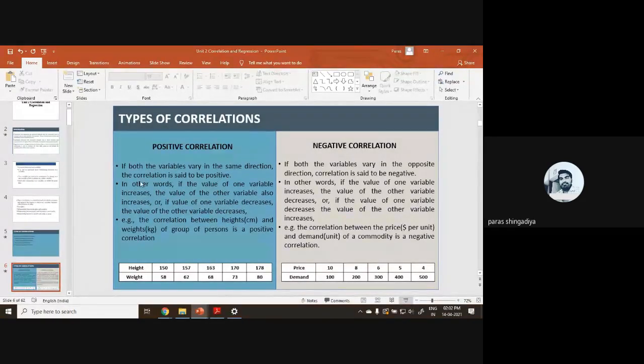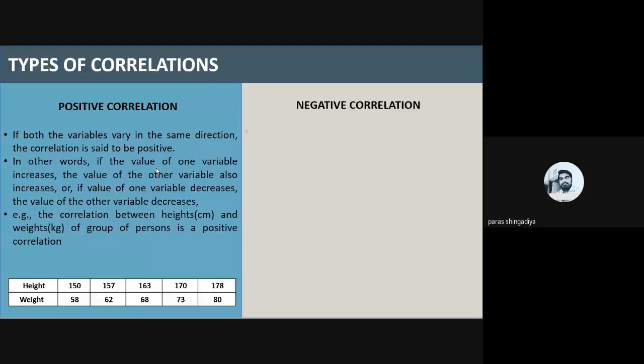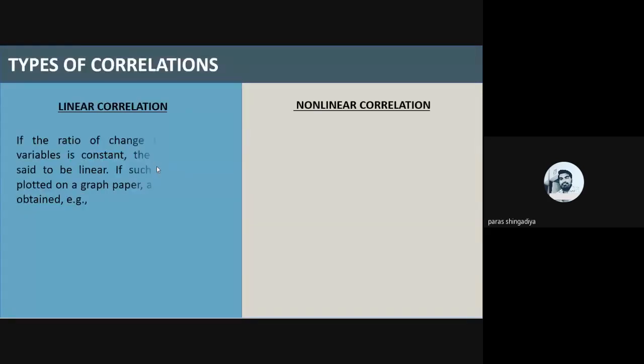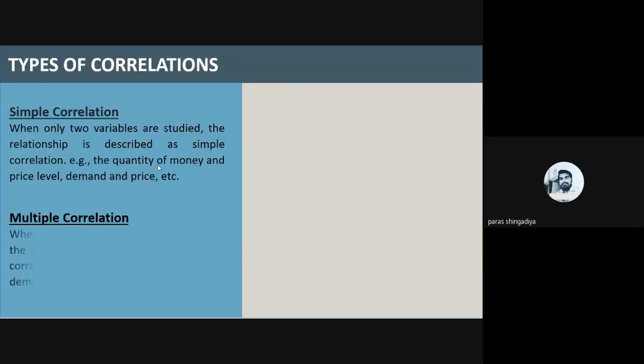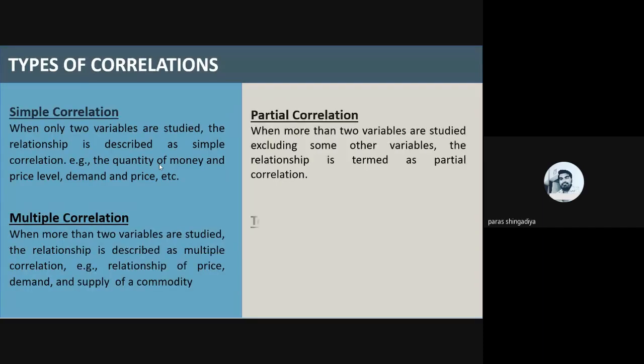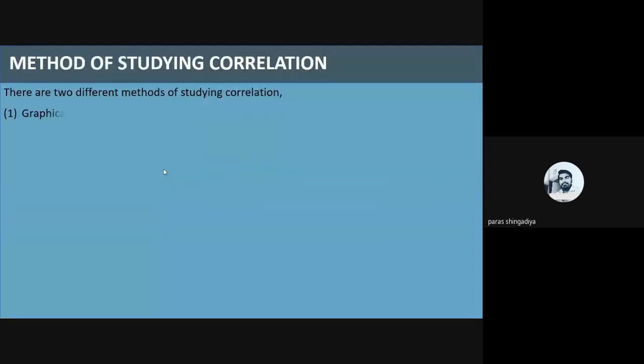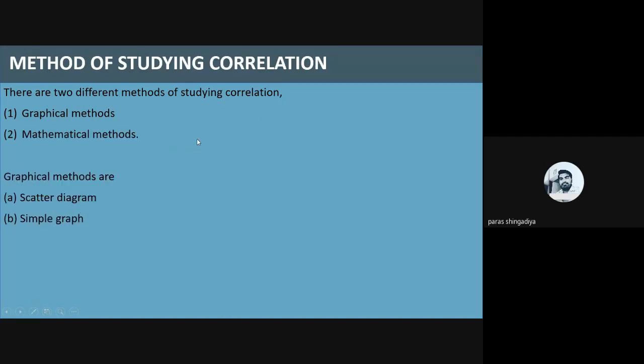And thereafter, linear and non-linear correlation. Its various example types: simple correlation, multiple correlation, partial, total correlation. And then after we discuss the methods of studying the correlation. Two types of method there.